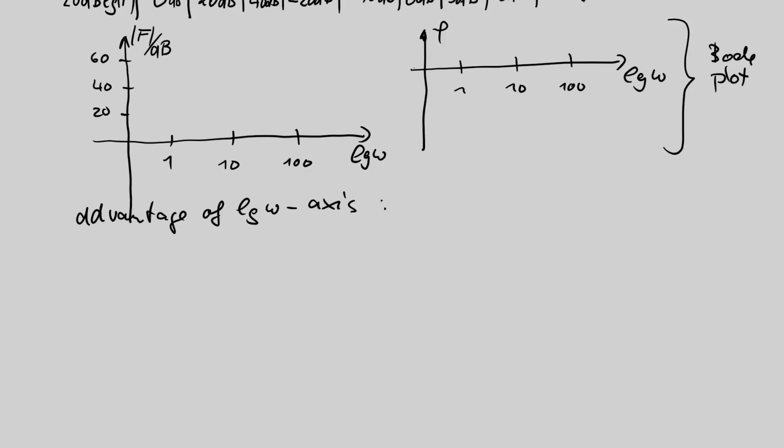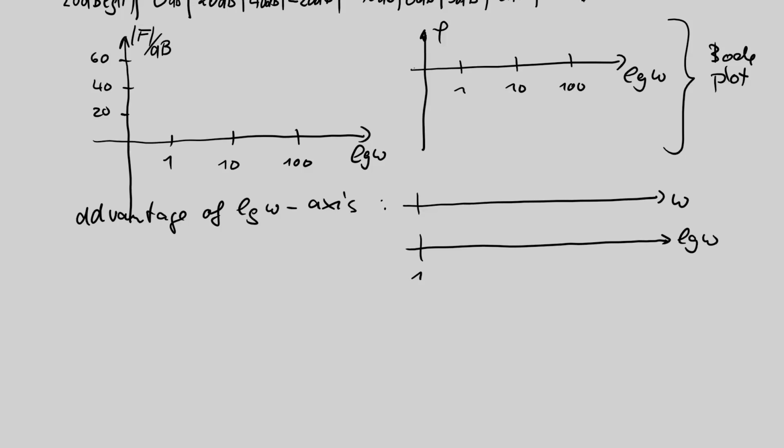If we compare linear with logarithmic scaling, let's do this in the next picture. If this is omega and this is log omega, say this is 1 and say this is 100, then of course these both points could be identical, same distance.